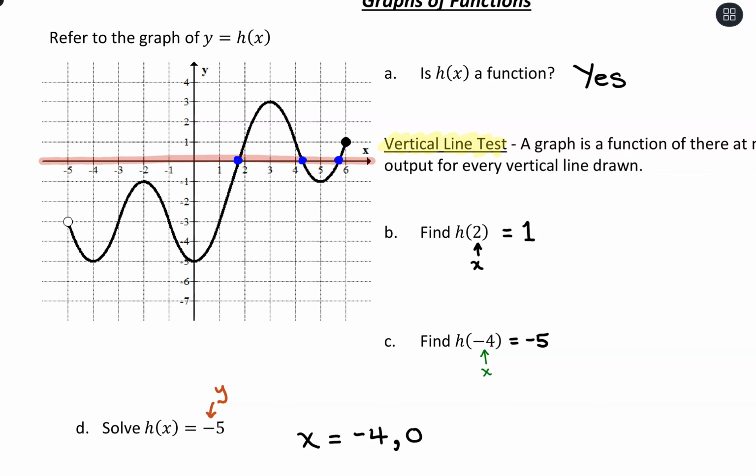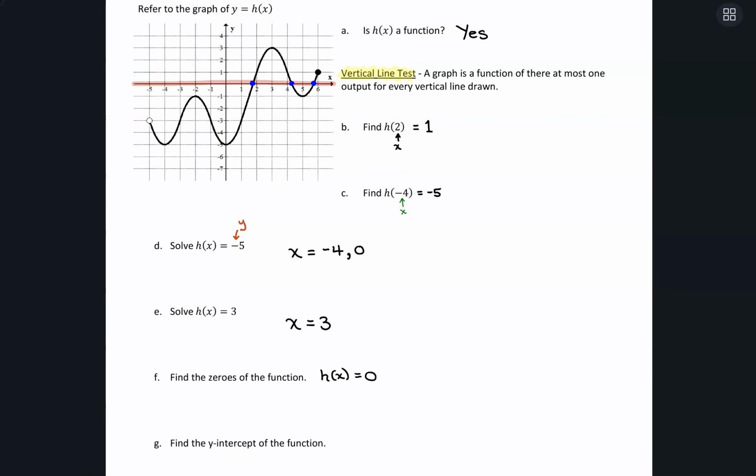Now these aren't nice whole numbers, so we're just going to estimate here. So we'll have x equals 1.8-ish, 4.2-ish, and 5.8-ish. If those were a little different, if you tried this on your own, totally fine. We're just estimating as best we can with the information we have.